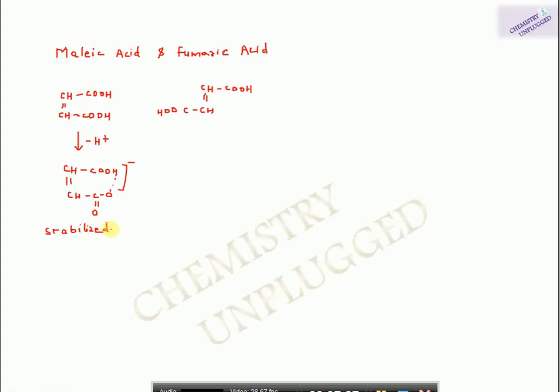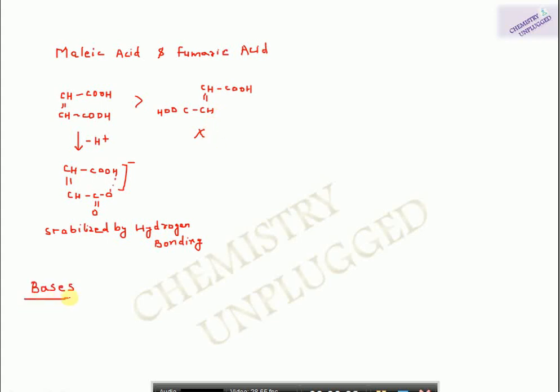So it is more stable in nature because of hydrogen bonding. But in the case of fumaric acid, hydrogen bonding is not possible because the two carboxylic groups are in different directions. So maleic acid is more acidic as compared to fumaric acid.